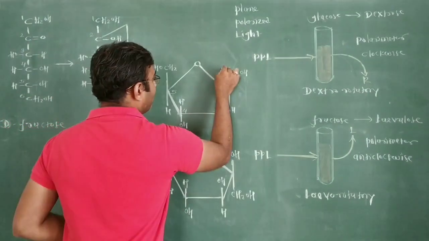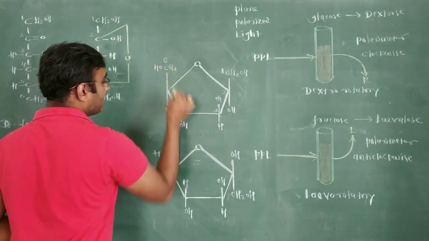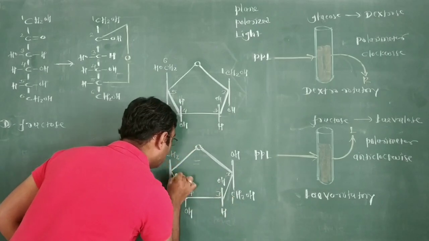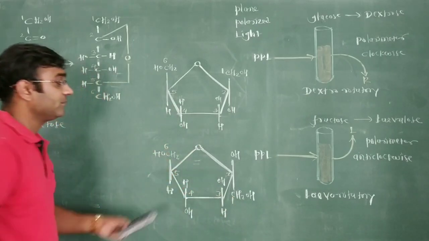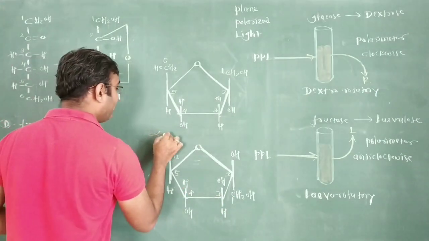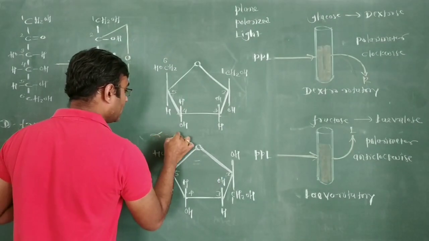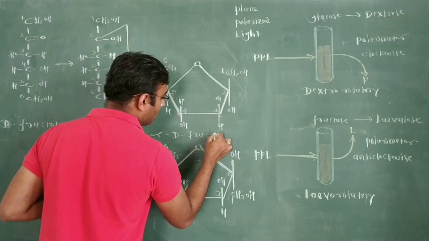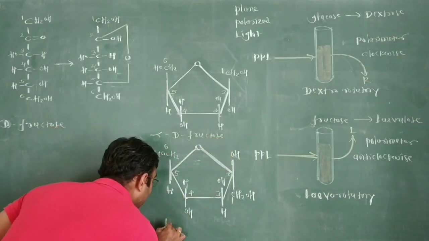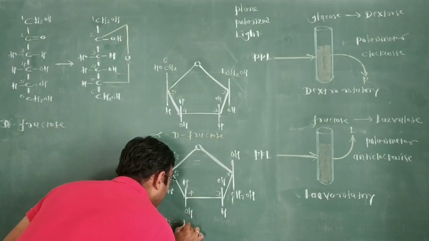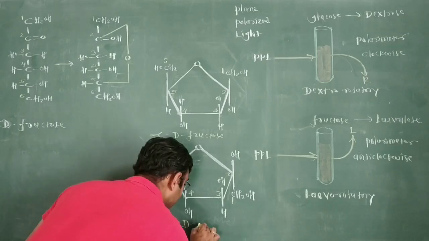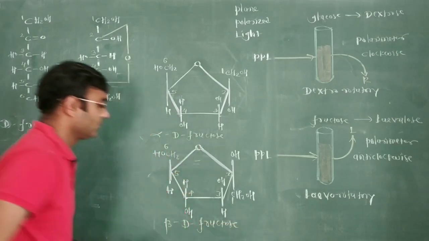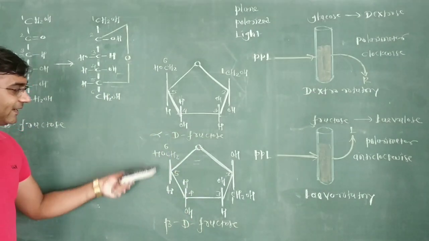This is carbon number first, this is carbon number 6: first, second, third, fourth, fifth and sixth. This is alpha D fructose and this is beta D fructose. Alpha and beta D fructose.